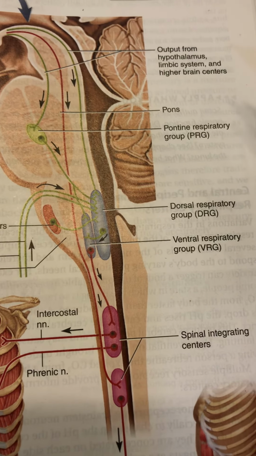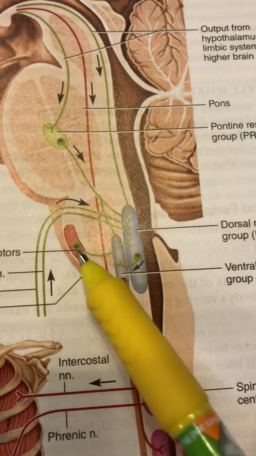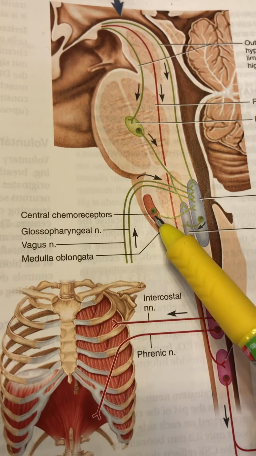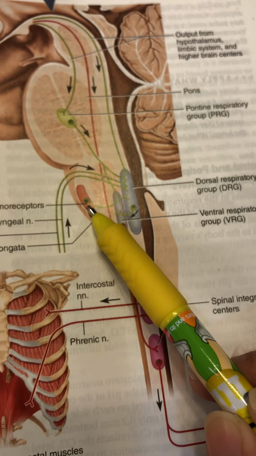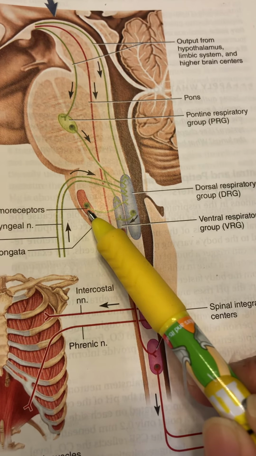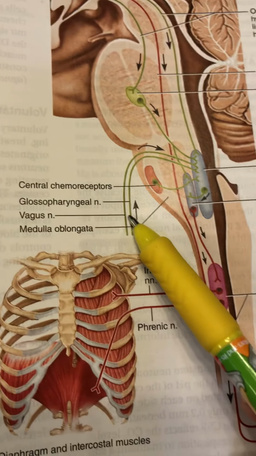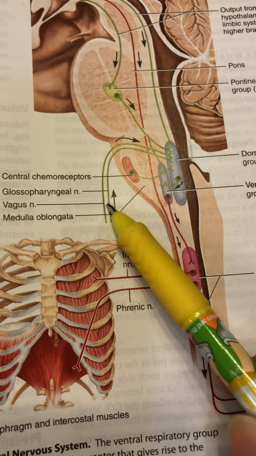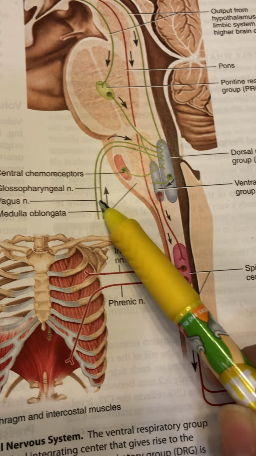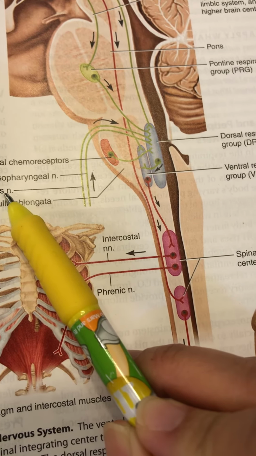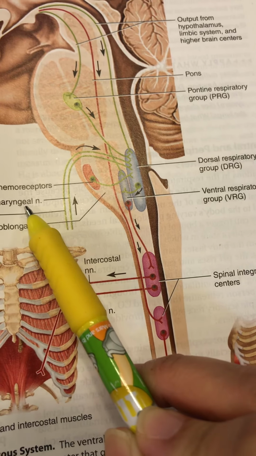From the chemosensitive area or central chemoreceptors. So this is the central chemoreceptors. And from peripheral chemoreceptors and stretch receptors by way of the vagus nerves and glossopharyngeal nerves.